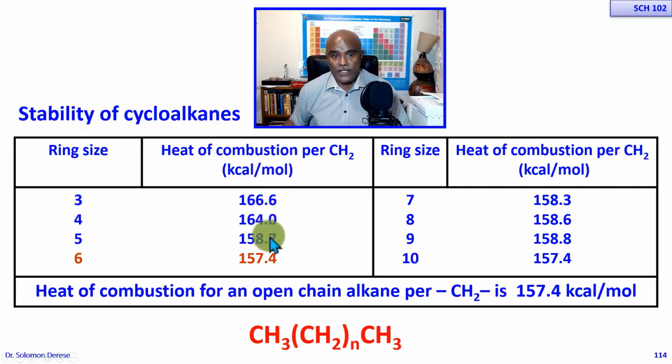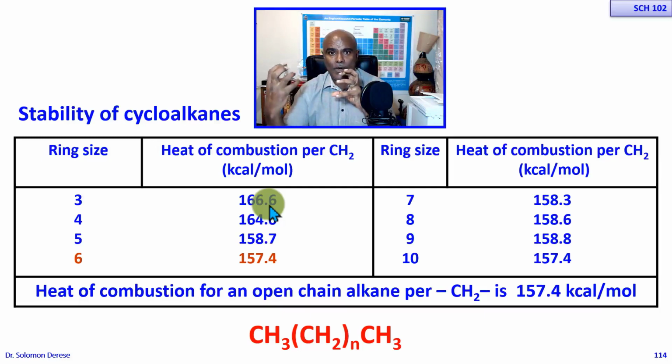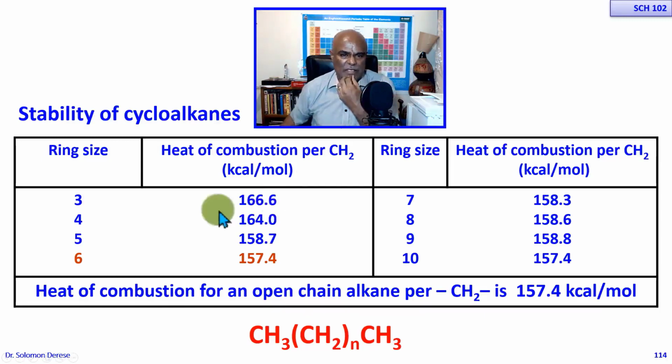And then if you look at this, this is the highest number of all, which is consistent with our previous finding, because it is cyclopropane that has got a bond angle that is further away from the ideal 109.5 degrees. So we should expect this one.